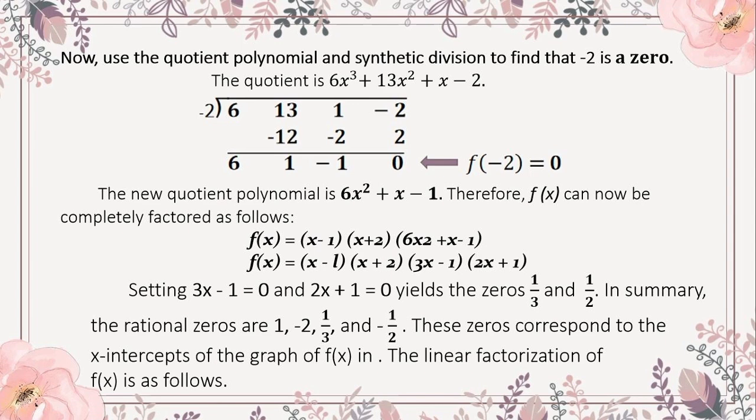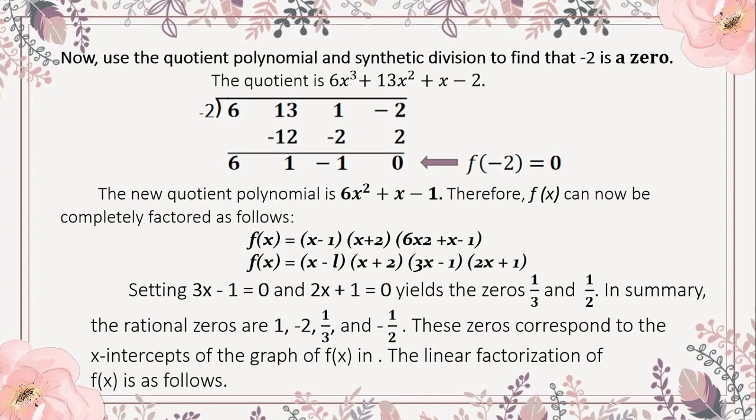So therefore, our f of x can be completely factored as follows. F of x is equal to the quantity of x minus 1, the quantity of x plus 2, and our new quotient polynomial, which is 6x squared plus x minus 1.